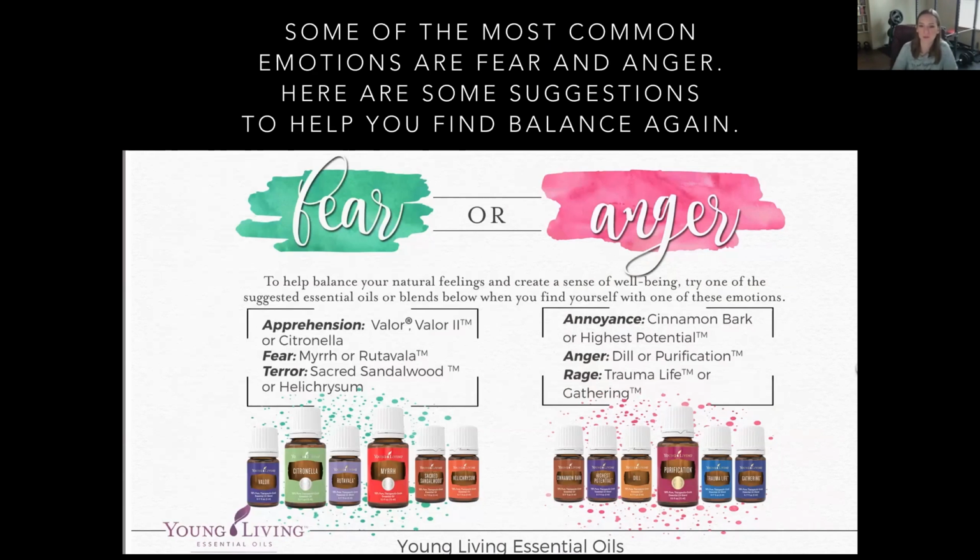If you feel like you're dealing with rage, you could try Trauma Life or Gathering. If you're dealing with just a generalized fear, myrrh and Rutavala. I always say that wrong. But anyway, those can both be helpful to you. If you feel paralyzed with terror, try helichrysum or sacred sandalwood, things like that. So this just gives you a little bit of a guide just off of the top.